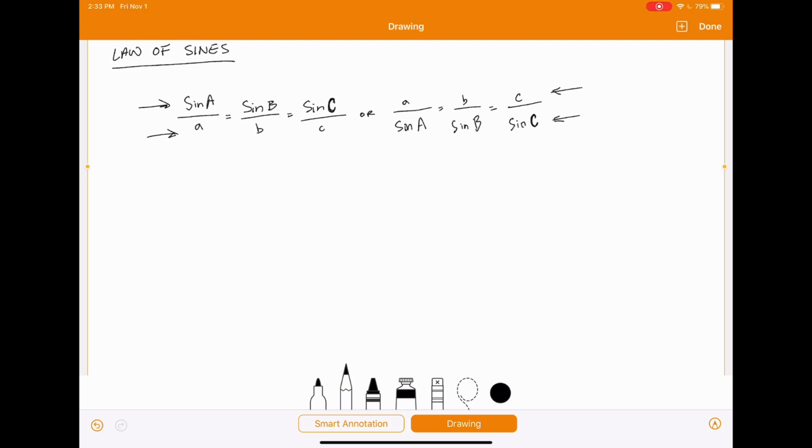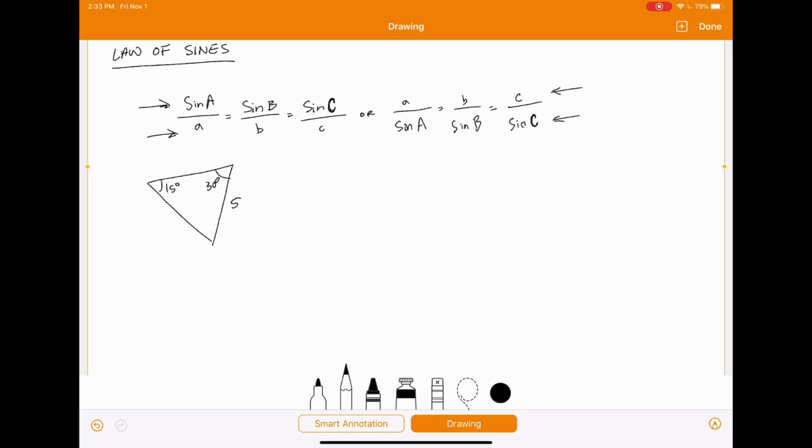All right, so if we look at a triangle where we know that this is 15 degrees, this is 30 degrees, and we know that this side equals 5.